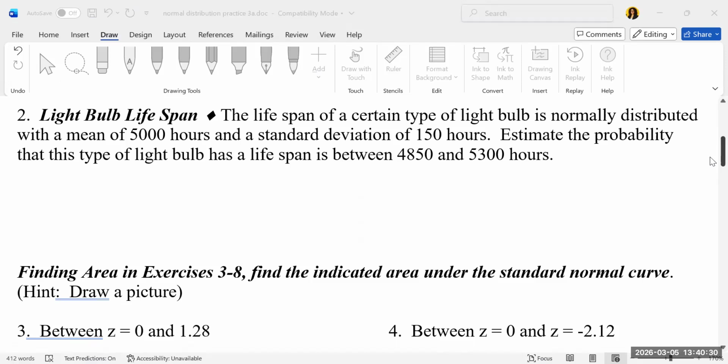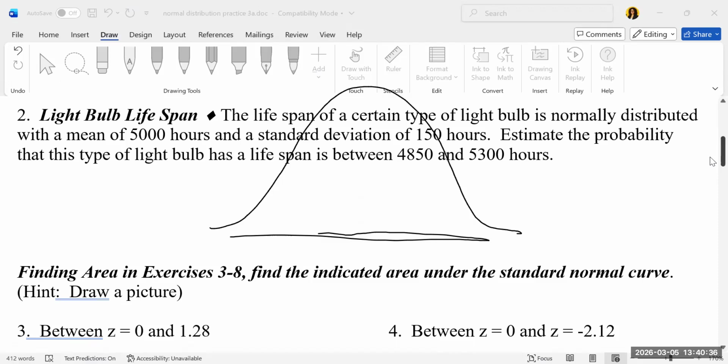I'm going to draw a normal curve again. The mean is 5,000 hours, and the mean is always at the center. The standard deviation is 150 hours. So one standard deviation above the mean is 5,150.